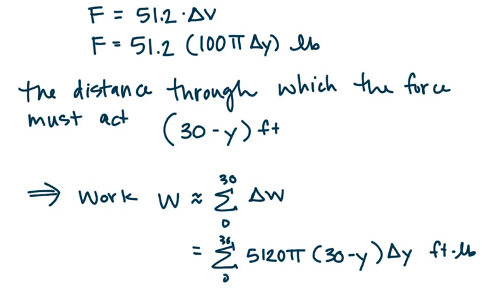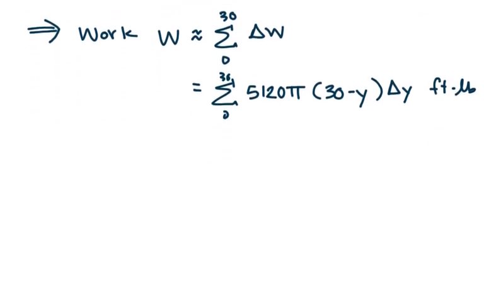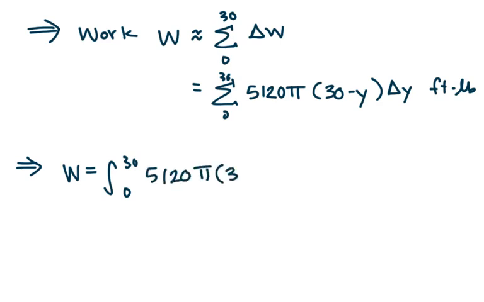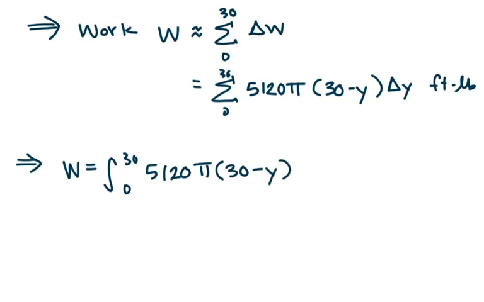So illustrating this as a Riemann sum, really this is just going to be the integral. So W is that integral from 0 to 30, because that's my vertical distance, of 5,120 pi times 30 minus y dy.